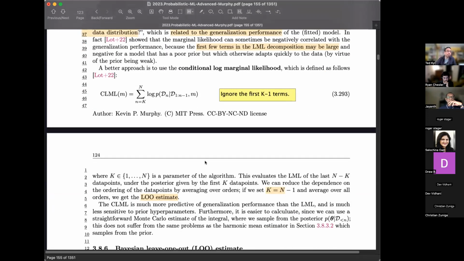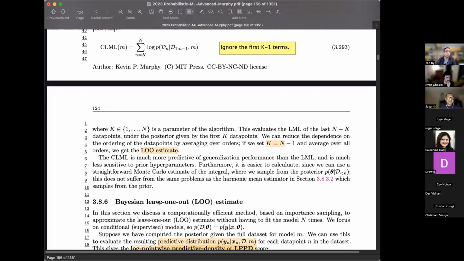And if you set k equal to n, then you have one leave one out. I think this should be k equal to n and not n-1. And if you average over all orders, so basically you manually rotate them and then reapply this, then you can get the full leave one out estimate.